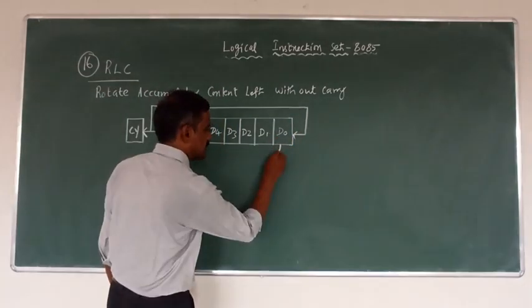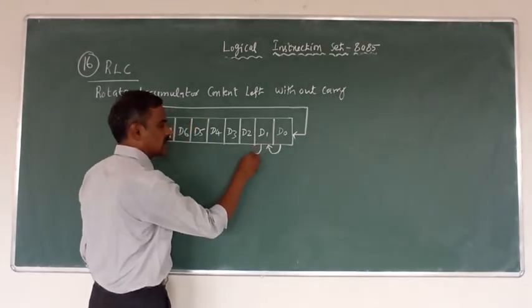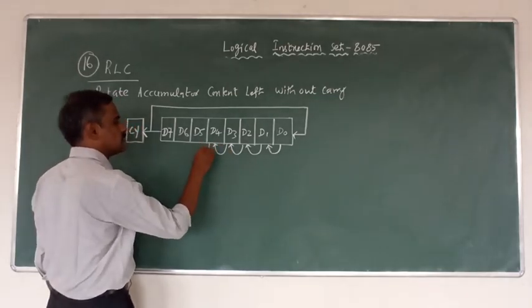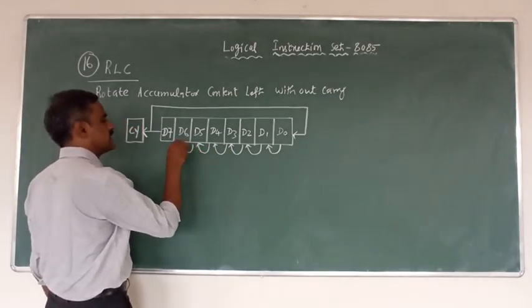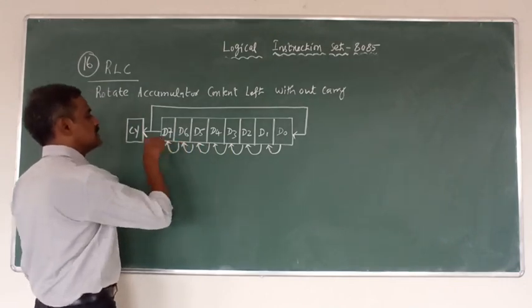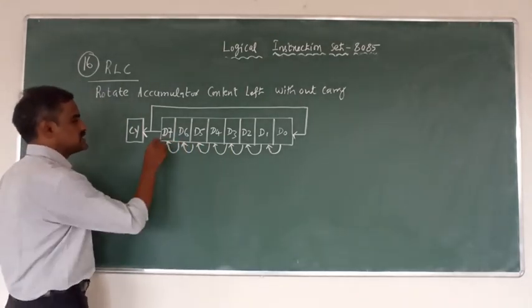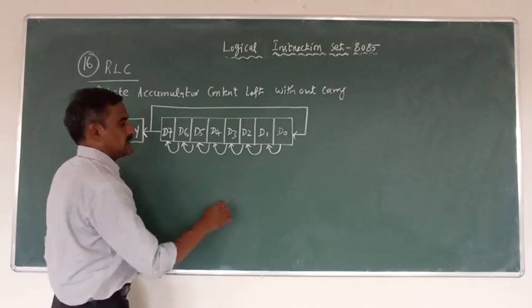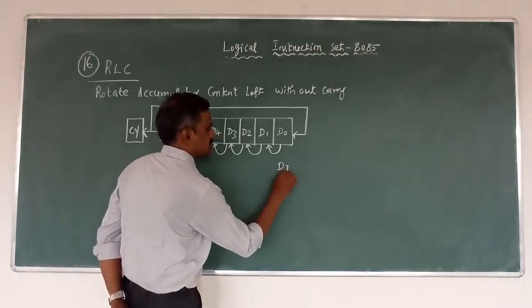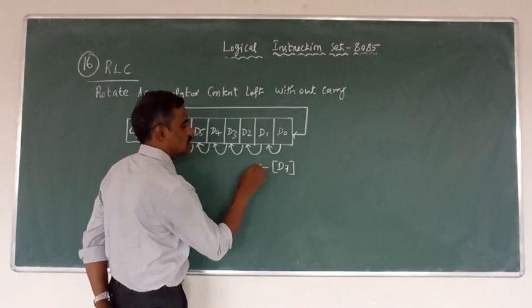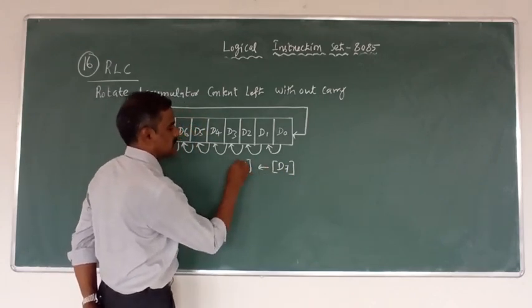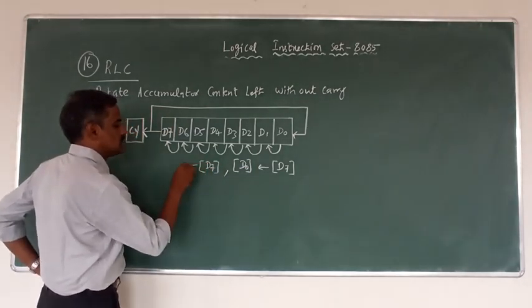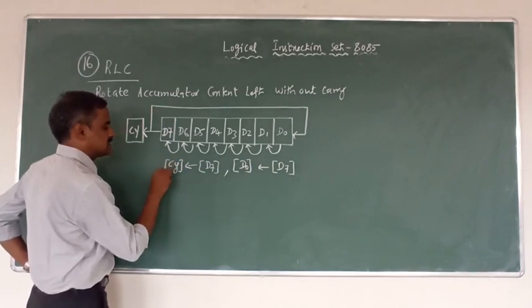The D0 bit data moves to D1, D1 data to D2, D2 to D3, D3 to D4, D4 to D5, D5 to D6 and D6 to D7. The D7 data moves to carry as well as D0.